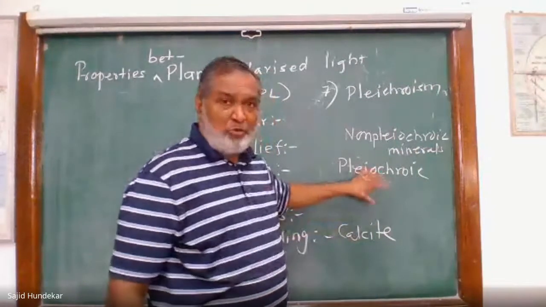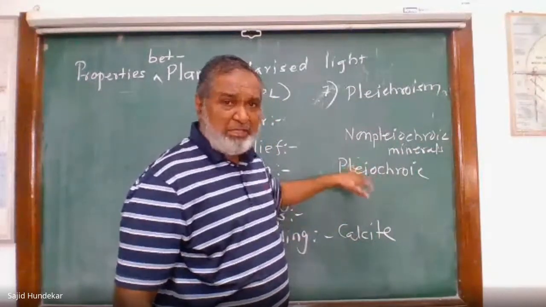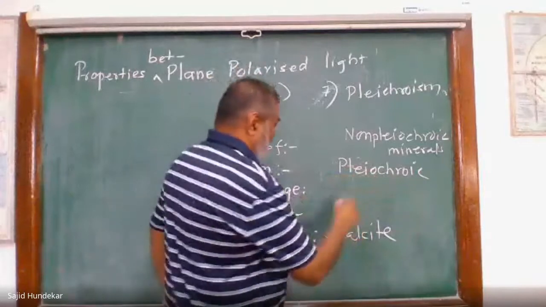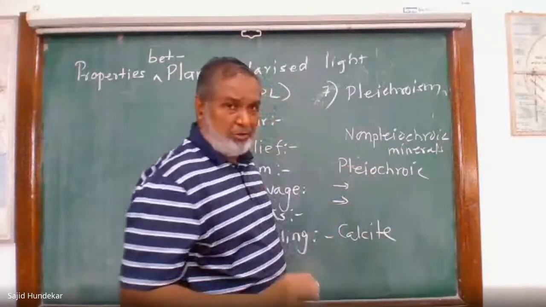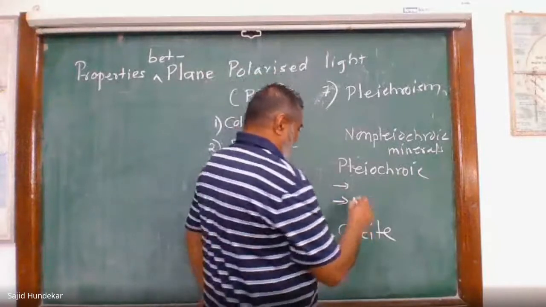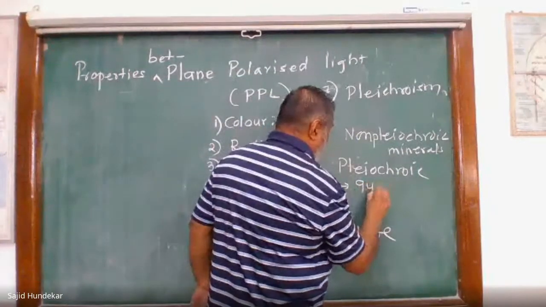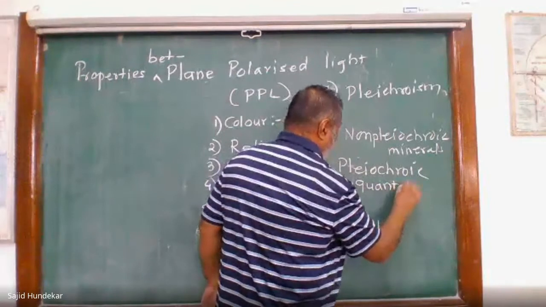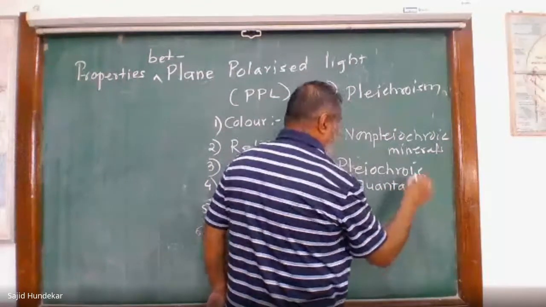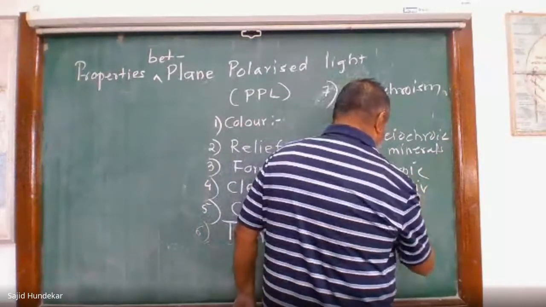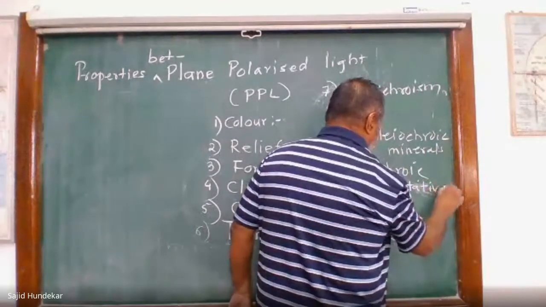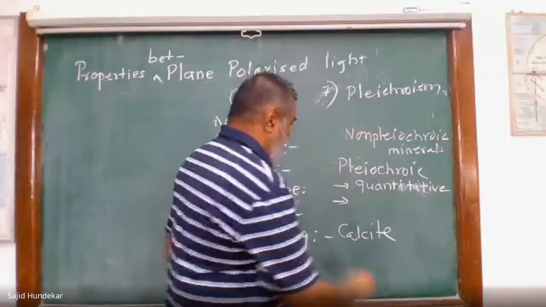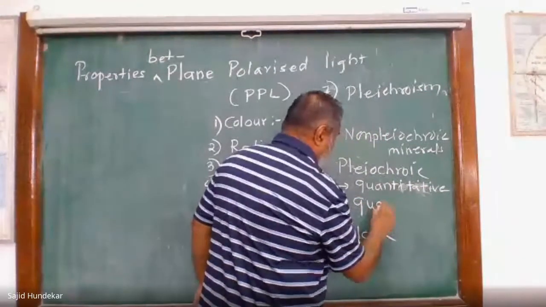And those colored minerals which show these changes, based upon quantity and quality, we call two pleochroisms. The first one is called quantitative pleochroism, and the second one is qualitative pleochroism.